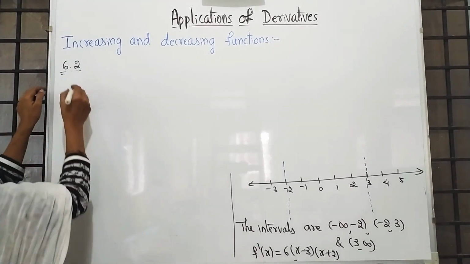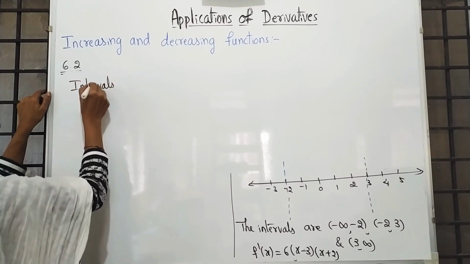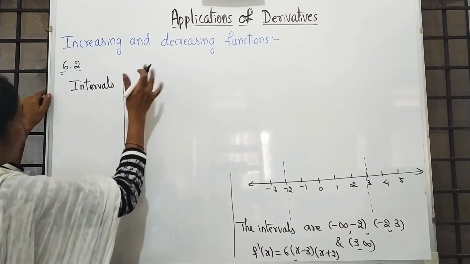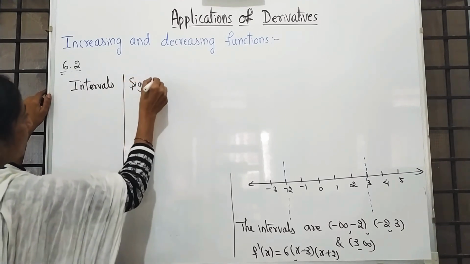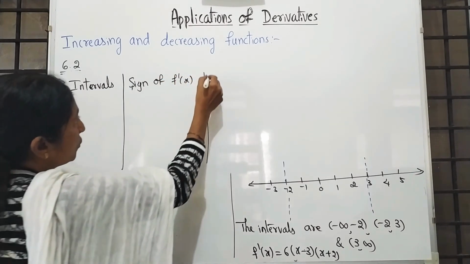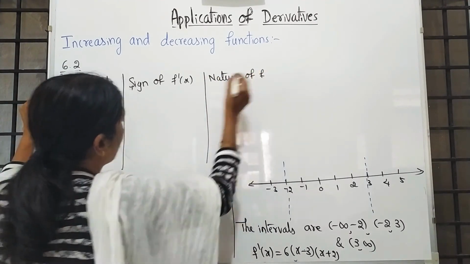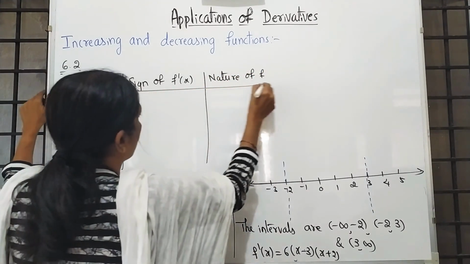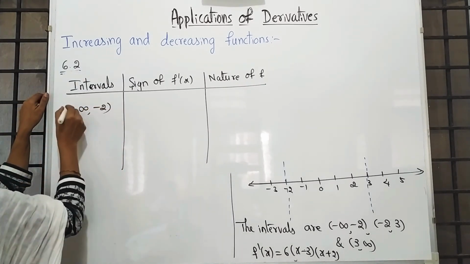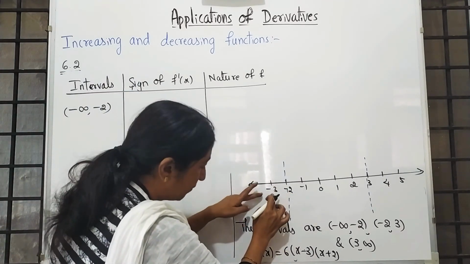So, write down, first we have to write the intervals, then the sign of f dash of x, then the nature of f, that is increasing or decreasing. First interval is what? Minus infinity to minus 2. In between minus infinity to minus 2, I will select minus 3.